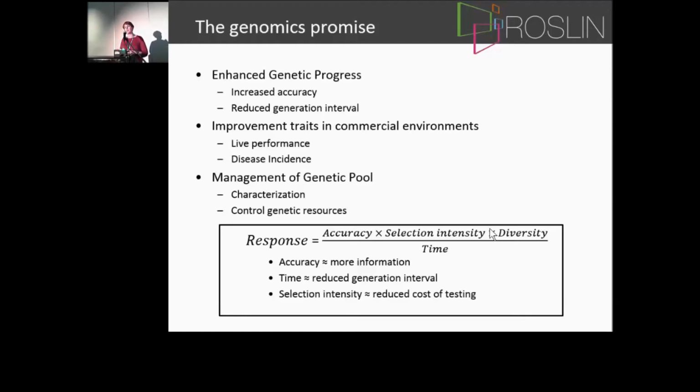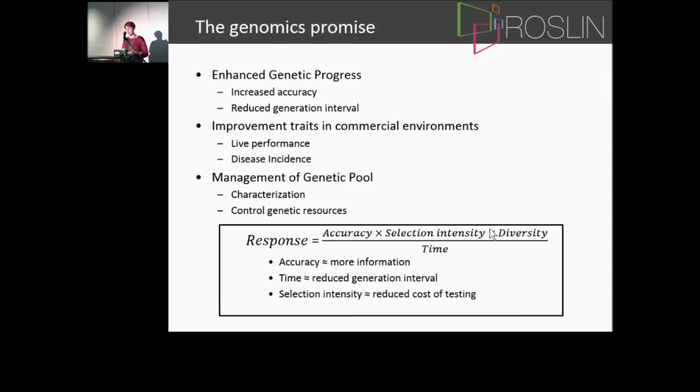We can also use genomics to improve the selection for traits in commercial environments, so looking at pedigree and commercial types of environments. And we can use it for management of genetic pools. So this is what the promise was.